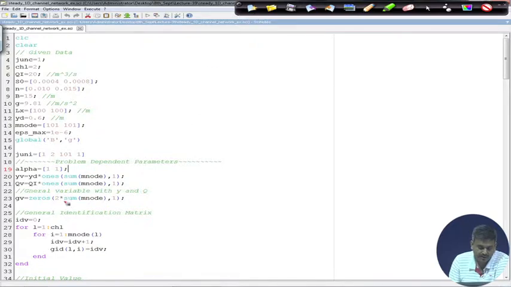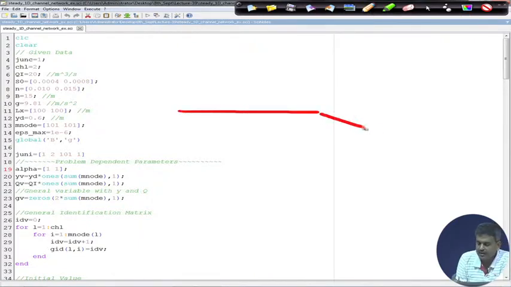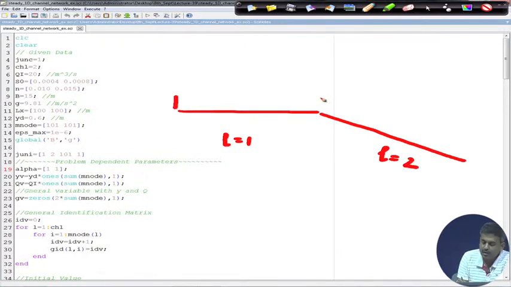Now, in this case, because this channel reach is there, this is for L equals to 1, this is for L equals to 2. So, starting from 1 to NL plus 1, again starting from 1 to this is N1 plus 1, this is N2 plus 1.